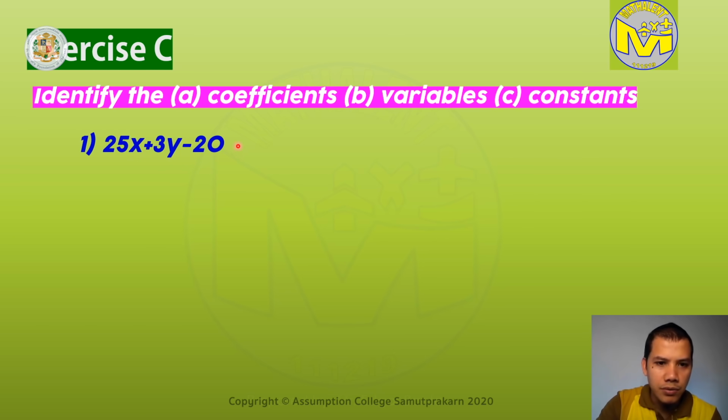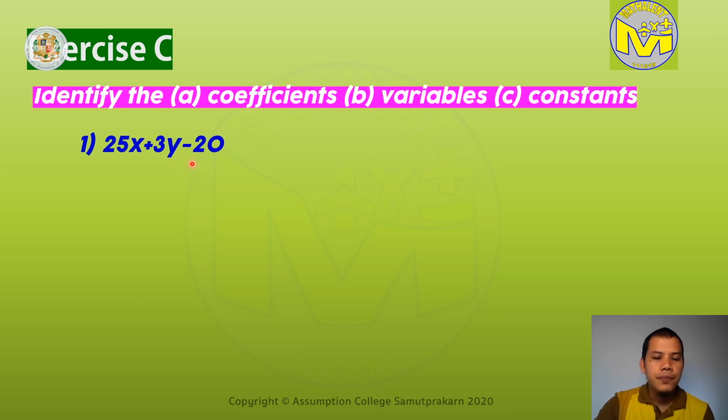Actually, it is equal to 0. So 25x plus 3y minus 20. So we have 3 terms, 25x, 3y, and 20. It is separated by plus and minus.